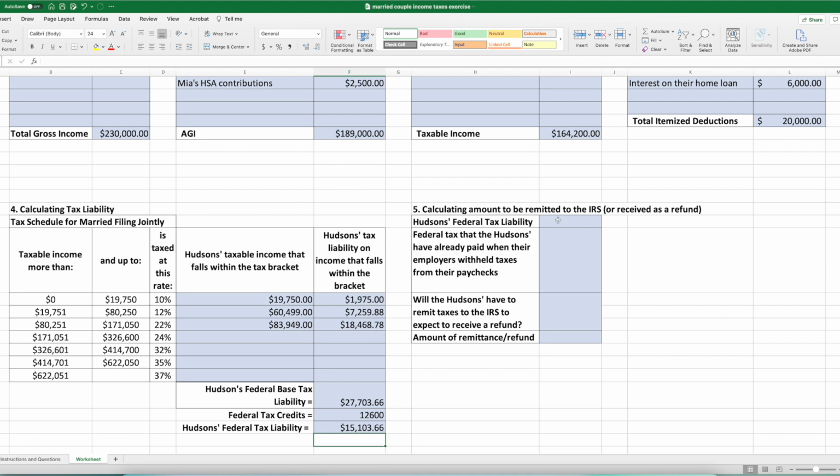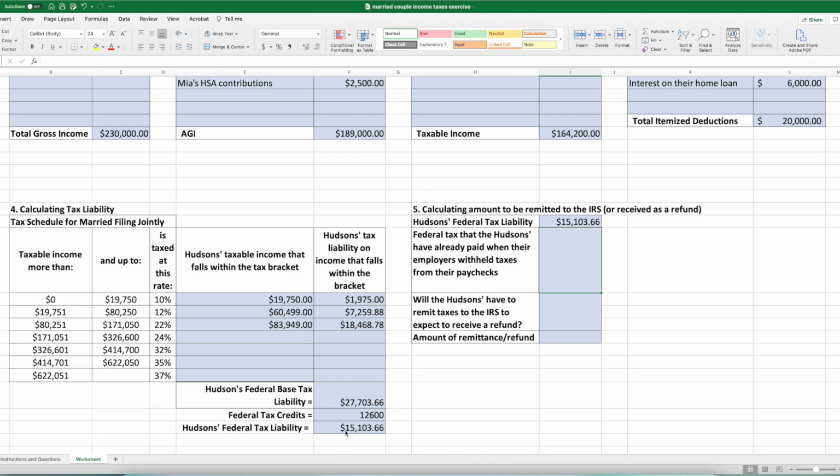Okay, the final step is to calculate the amount that they must send to the IRS or receive as a refund. So we start with their tax liability, and then we need to subtract the amount that they have already paid as taxes throughout the year by having it deducted from their paycheck.